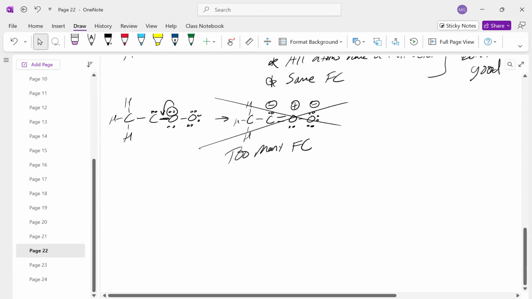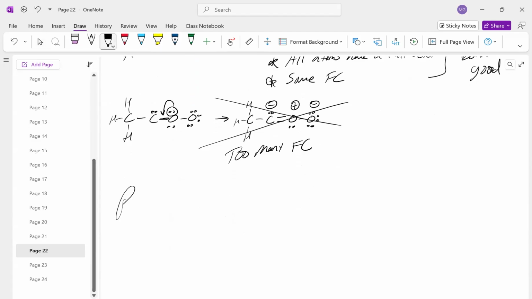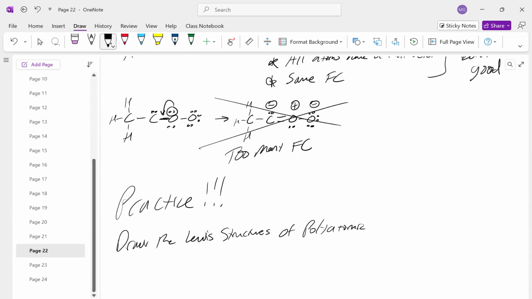Now I have one more thing to go over about Lewis structures, some of the exceptions or some things to watch out for. But again, I want to emphasize the only way that you're going to get good at this is to practice it. And as I said before, one of the great ways you can get practice is to draw the Lewis structures of your polyatomic ions.